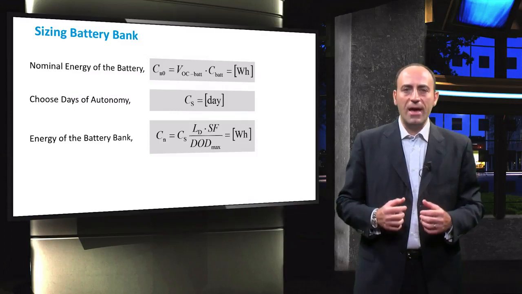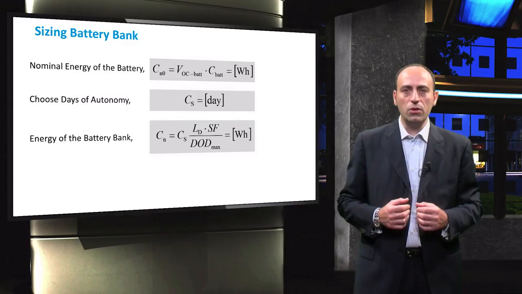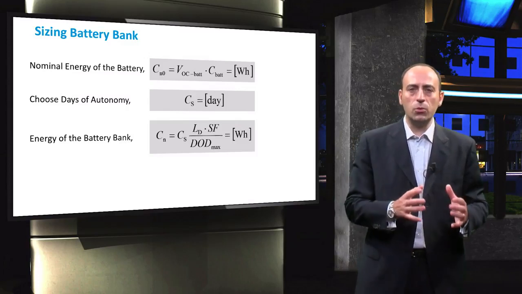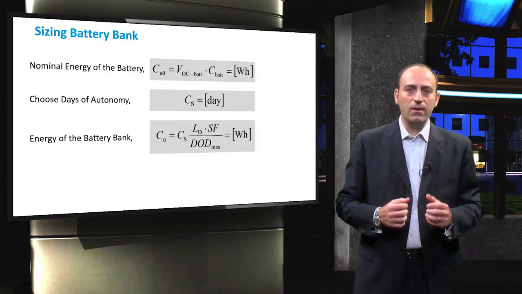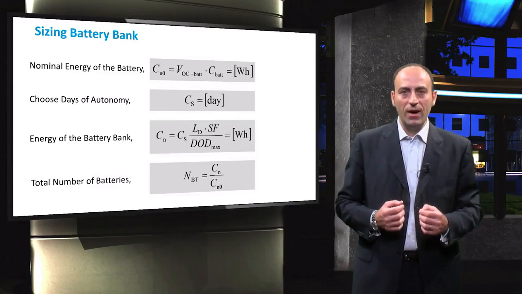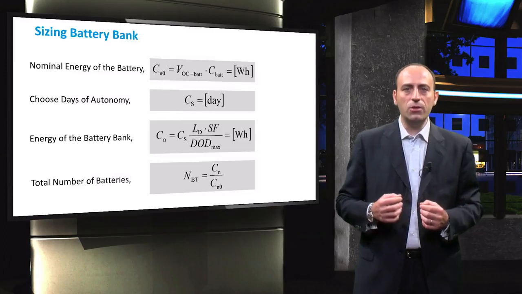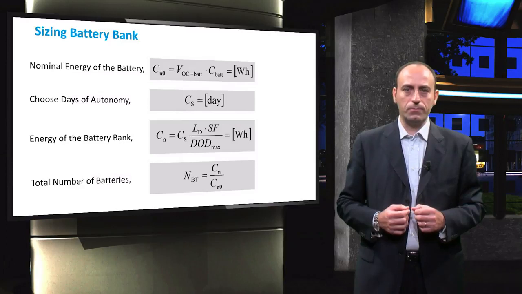Here, DOD max is the maximally allowed depth of discharge of the batteries in order to prolong their battery life. It is normally chosen between 20 to 30%. Finally, from CN, the total number of required batteries is calculated by dividing the total energy of the battery bank, CN, with the rated energy capacity, CN0, of a single battery.